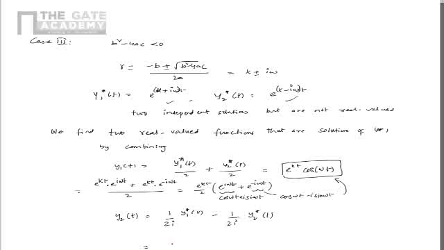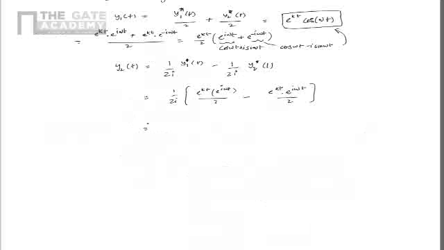Similarly, if I try to find this, 1 by 2i and e power star, again I can write it in this way. It will be e power kt into e power i omega t by 2 minus e power kt into e power minus i omega t by 2. Again I write cos omega t plus i sin omega t.